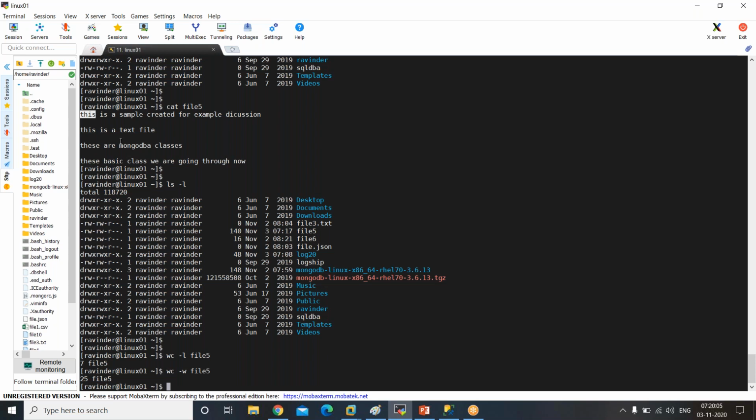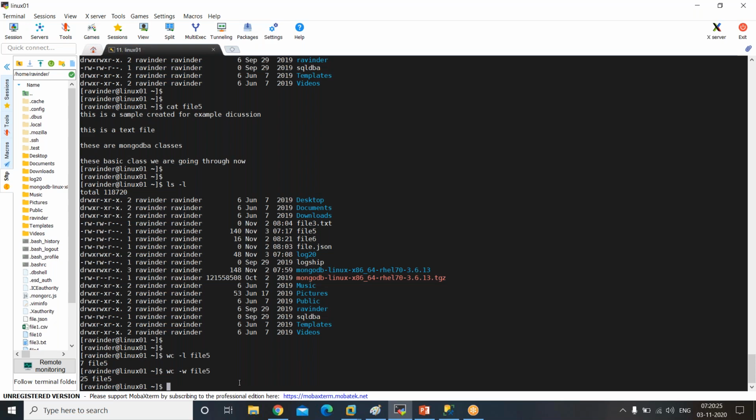Right. Okay. It is even counting the single letter words as well. Wherever you have a space, and the starting text, it is a word. A is also a word basically. That's how it says 25 words in the file.